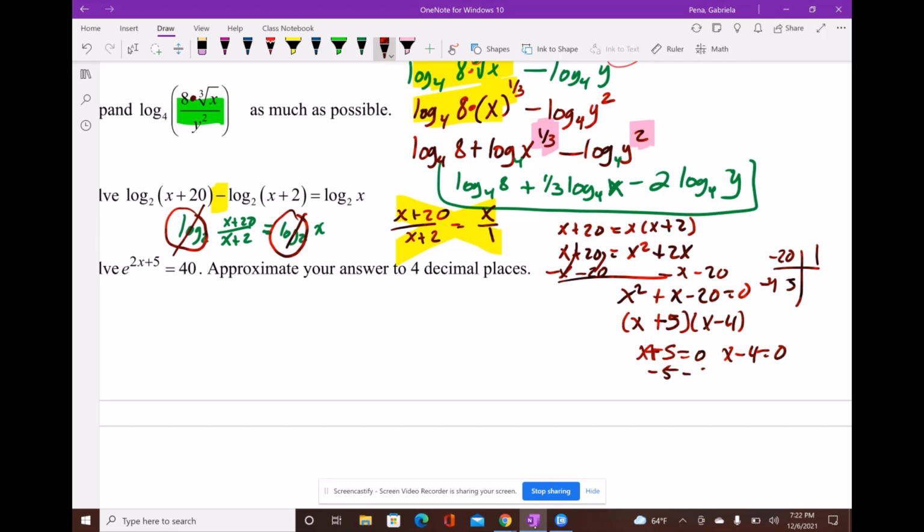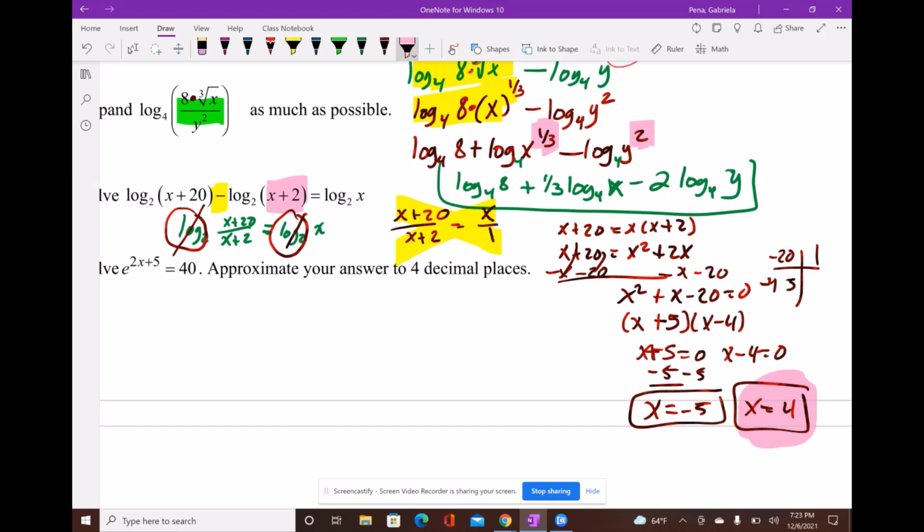You subtract 5, you subtract 5, x is a negative 5, and x is a positive 4. Because I have two answers, does it mean that they both work? No, it has to be 4. Very good. It has to be only the 4 is your answer. The negative 5 does not, because it's going to make that a negative, and you cannot have a log of a negative number. Are we good?